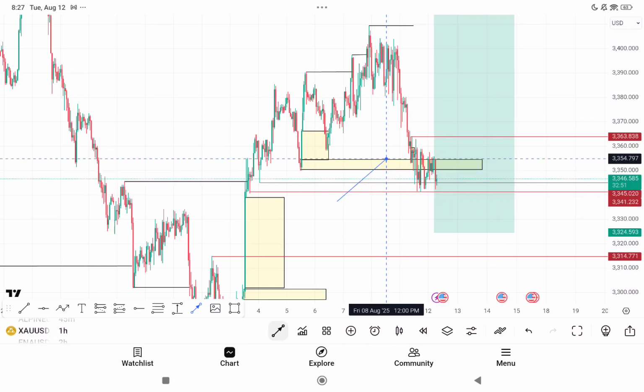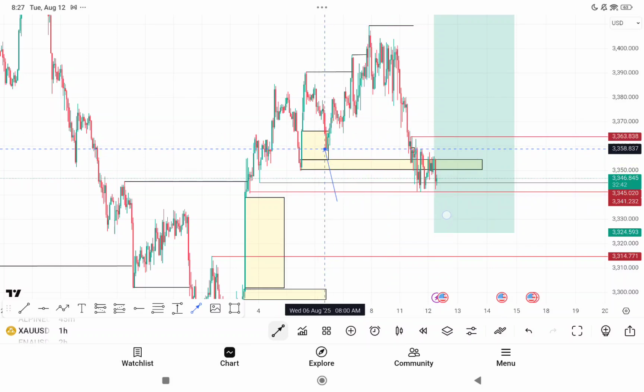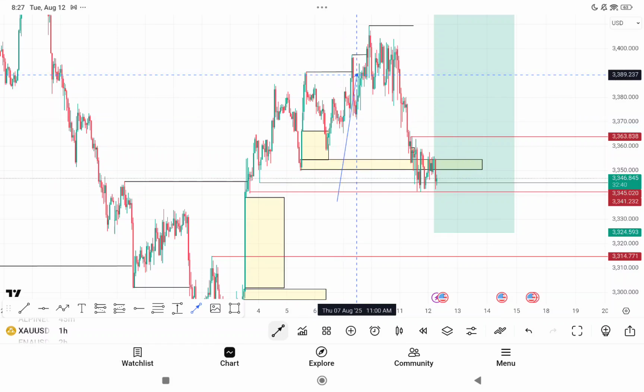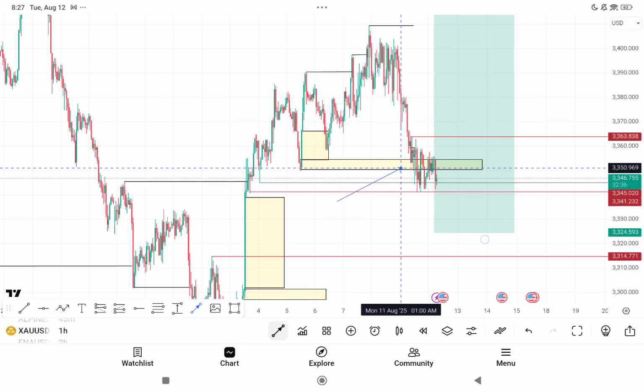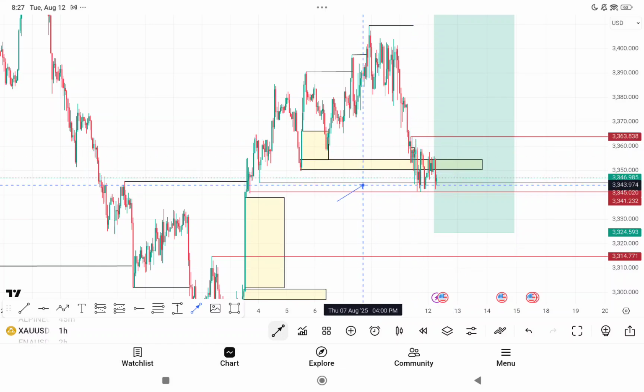I also let us know that because the market had filled this imbalance to some extent and went all the way up and started coming down, there's a tendency that this particular OB is not going to hold, meaning the market can mitigate this point, go up a little and go down and come to these zones.